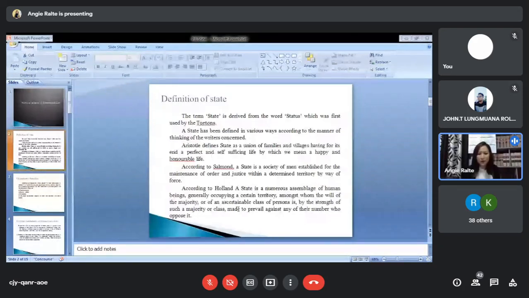As I've said, it is difficult today to lay down an appropriate definition. In international law, it may be defined as a society. As Salmond has mentioned, a state in international law may be defined as a society of men established for the maintenance of order and justice within a determined territory by way of force.